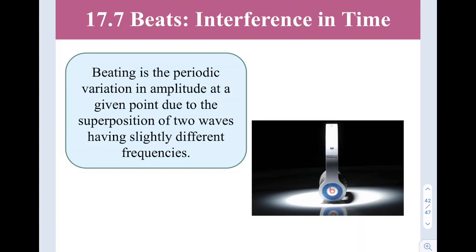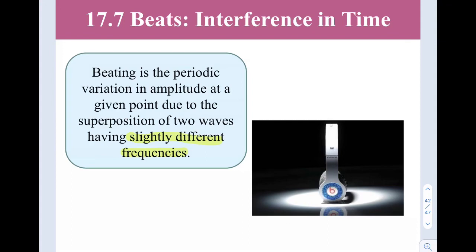Now let's consider another type of interference, one that results from the superposition of two waves having slightly different frequencies. In this case, when the two waves are observed at a point in space, they are predictably in and out of phase. That is, there is a temporal, or time, alternation between constructive and destructive interference.